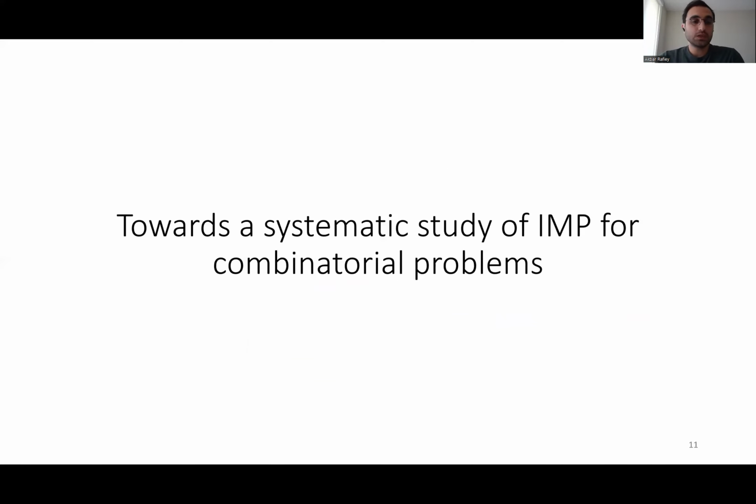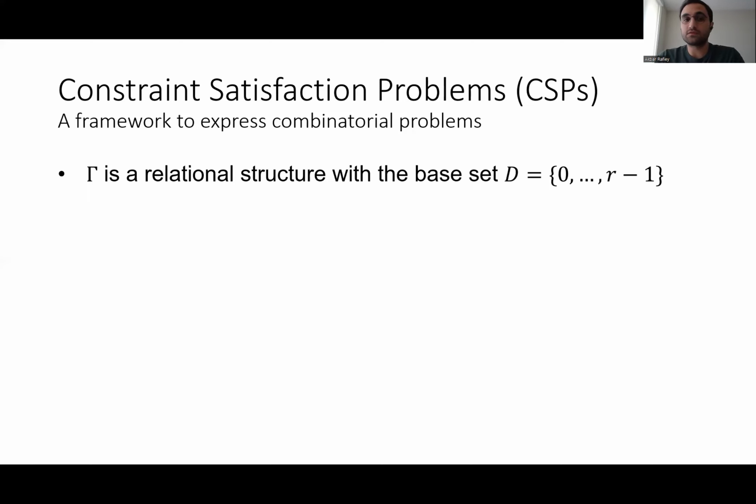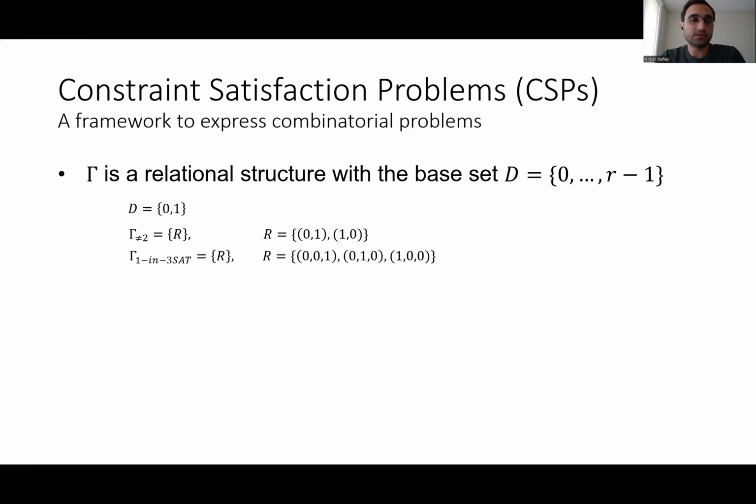Our goal here is to move towards a systematic study of IMP for combinatorial problems. A framework which is quite expressive for combinatorial problems is the framework of constraint satisfaction problems. Let me introduce the framework, and then we will take it from there. Gamma is a relational structure or a constraint language over a base set D from 0 to R minus 1.